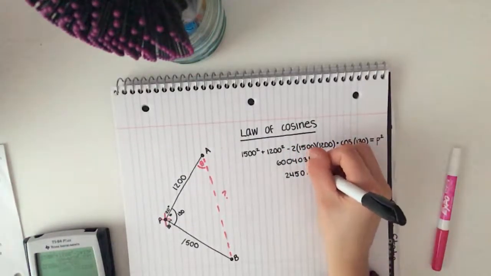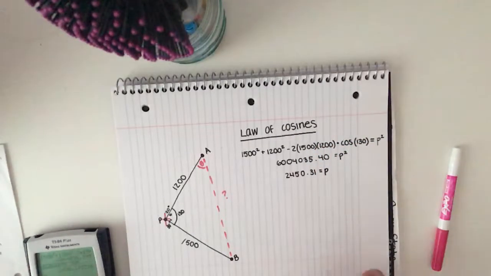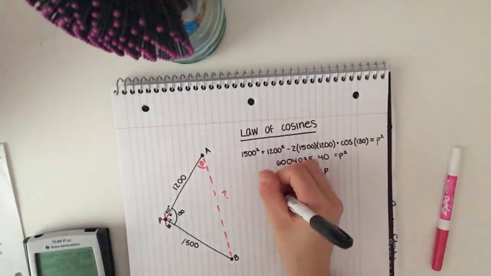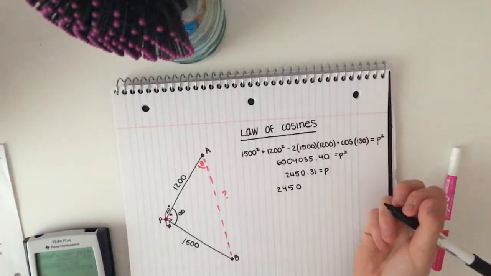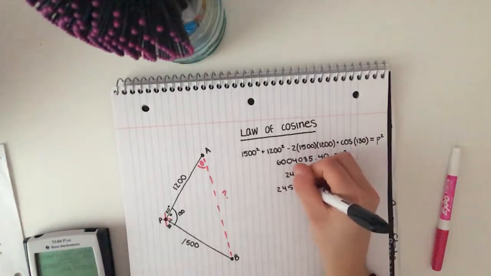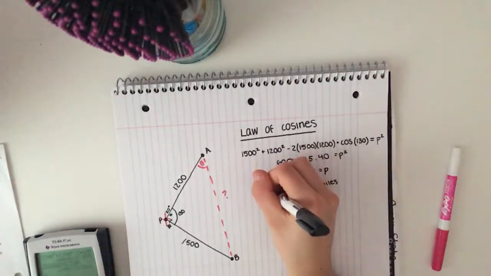So the two planes, after 3 hours, will be 2,450.31 miles apart from each other.